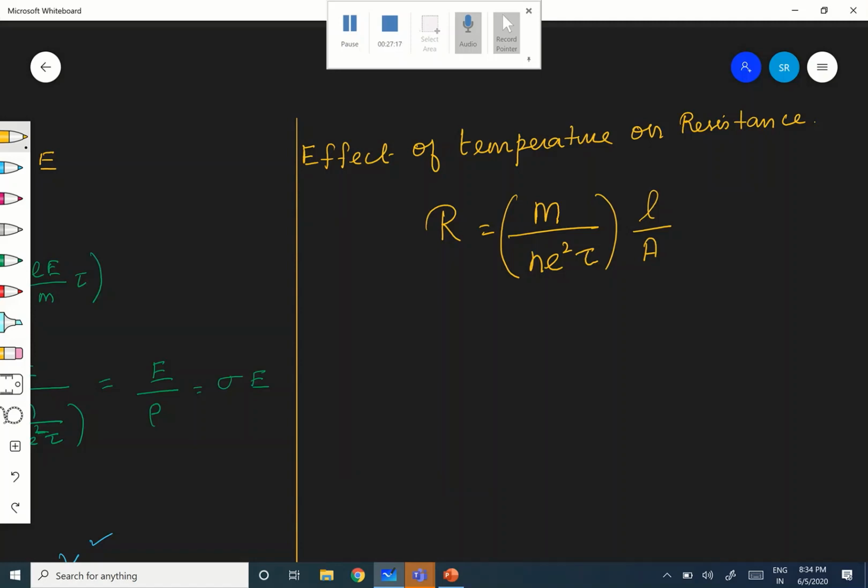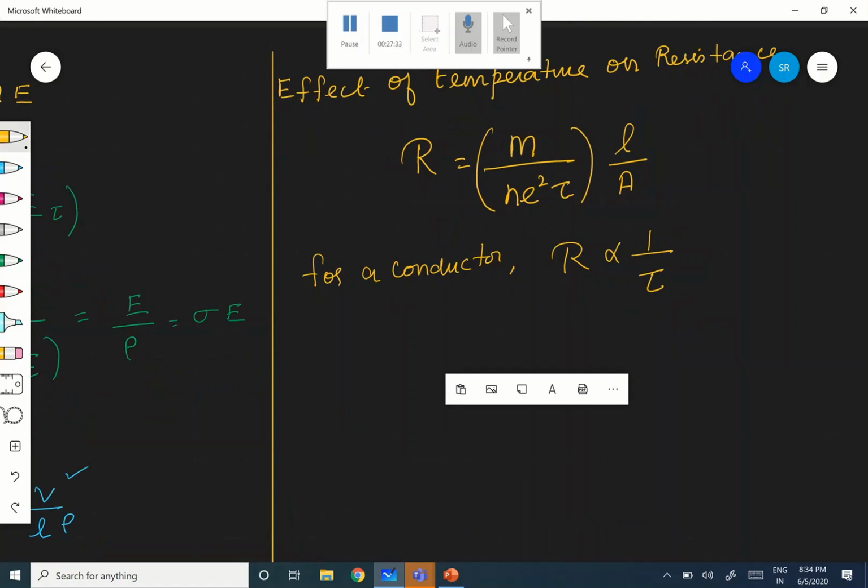Therefore, for a conductor, R is inversely proportional to tau. Tau is the relaxation time. Many times I told you, this tau is inversely proportional to temperature, correct?